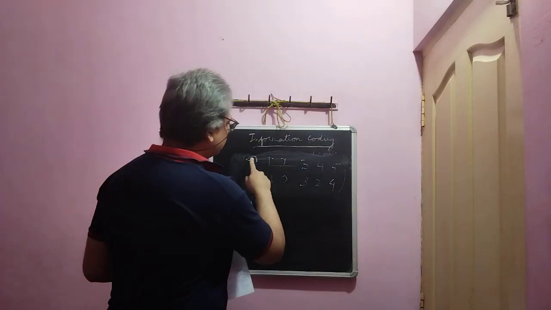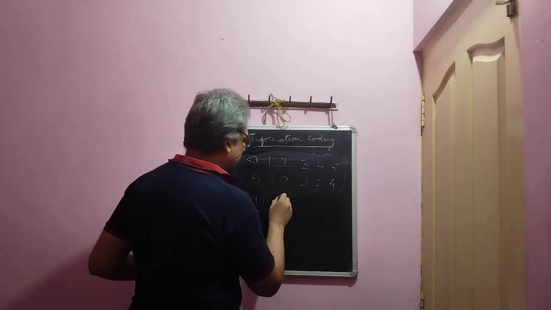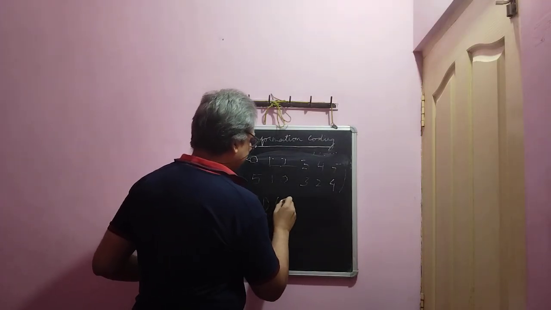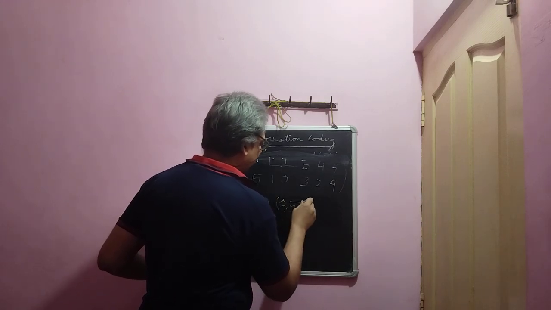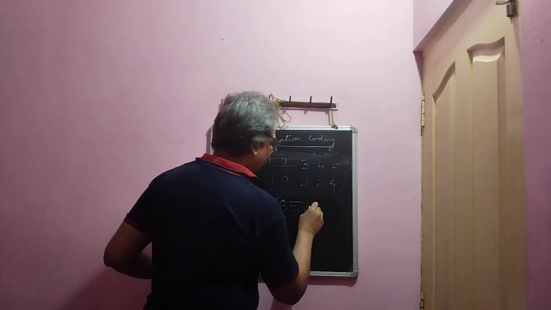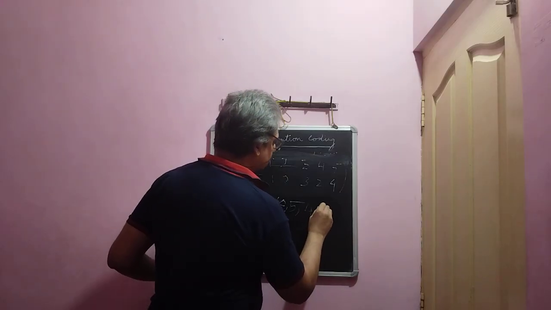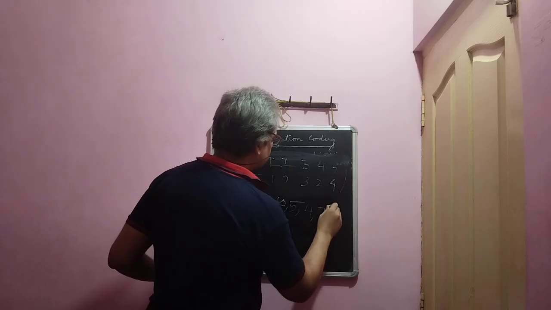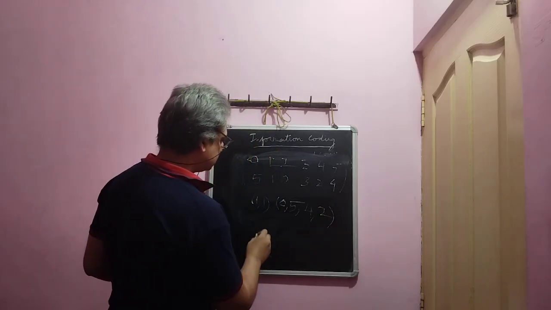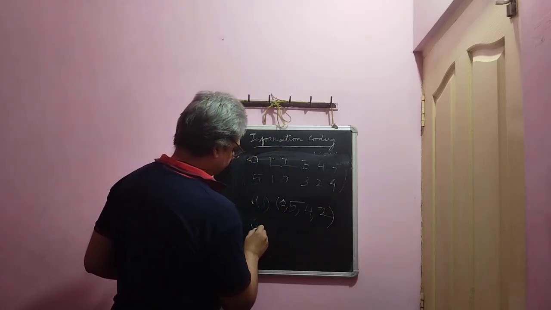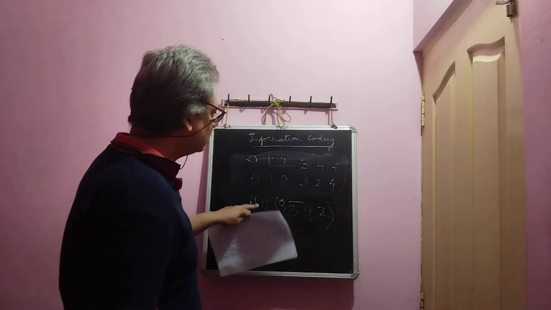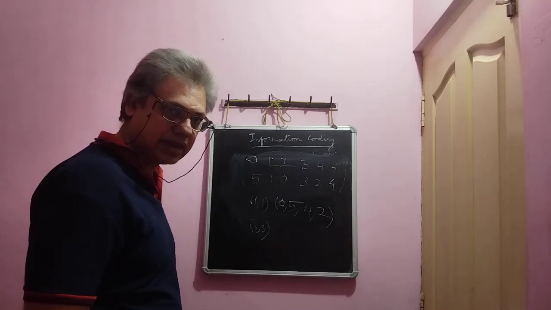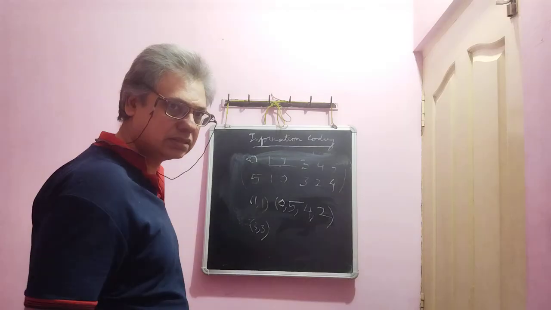So here 0 goes to 5, 5 goes to 4. So we may write this as 0, 5, 4, 2, and then again 3, 3. There are two digits which are identical.